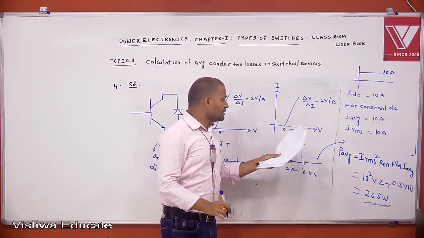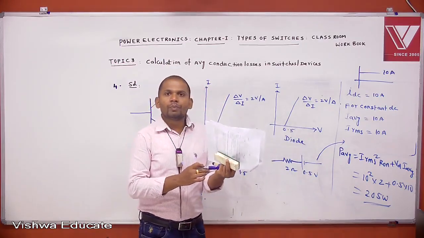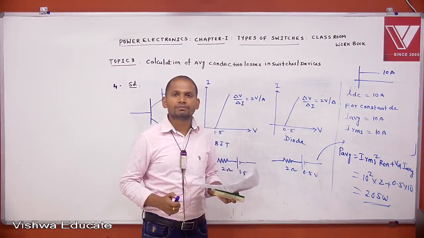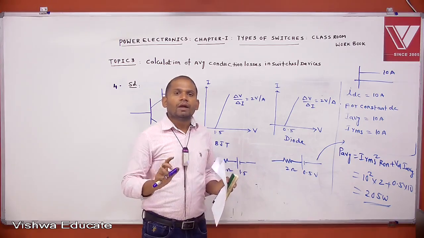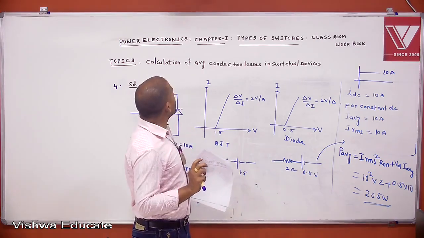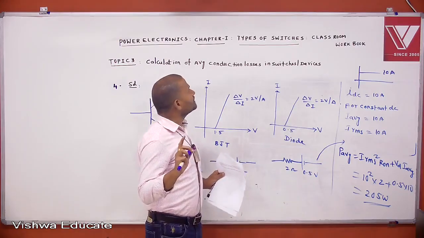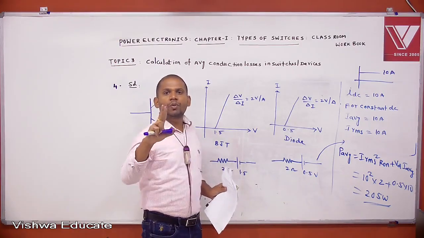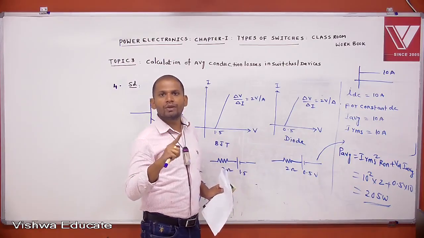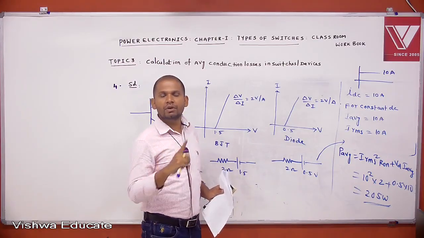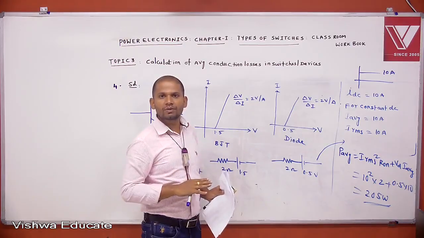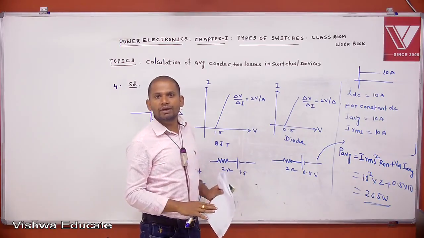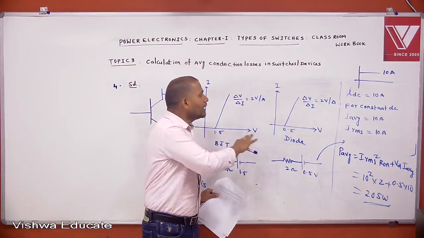Understood? This covers the different topics in chapter 1. With this, the concepts of chapter 1 are completed, based on types of switches, and I covered 3 topics, 3 models of questions: topic 1, topic 2, topic 3. In topic 1 I discussed the classroom workbook problems, topic 2 also, and in topic 3 I covered the models.